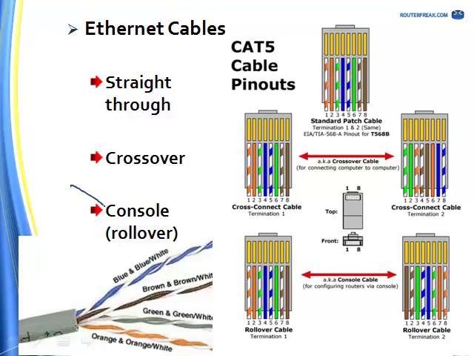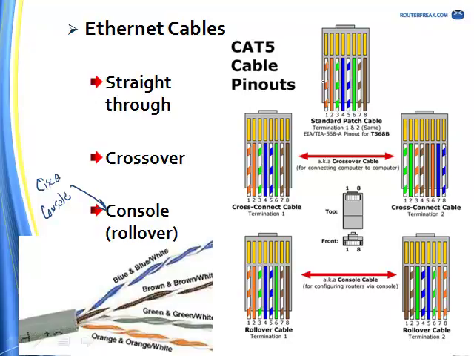This right here is like your light blue Cisco console cable that you'll get with your switch. A console cable is actually a rollover cable. We're not going to really get into that, but primarily I want to make sure you understand what a straight through cable is and what a crossover cable is.